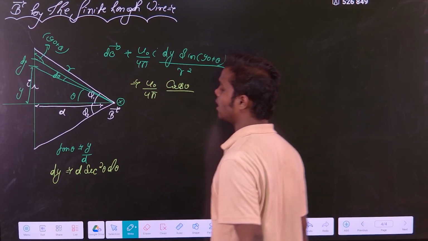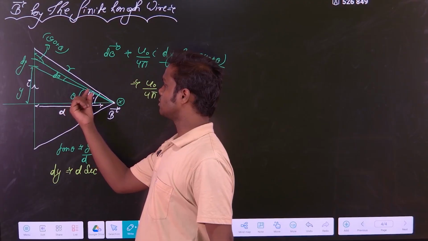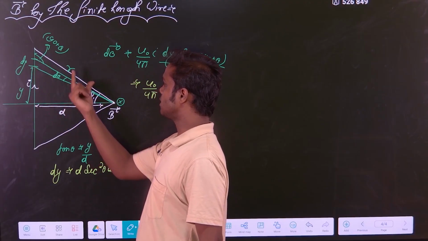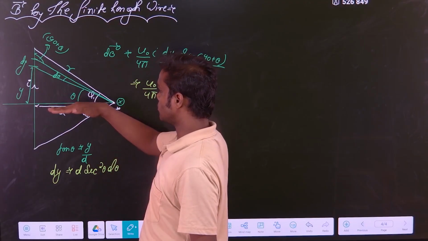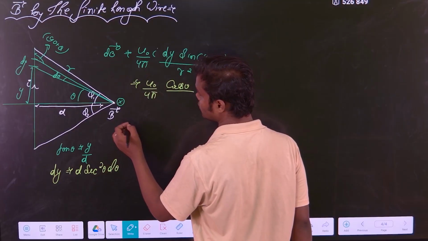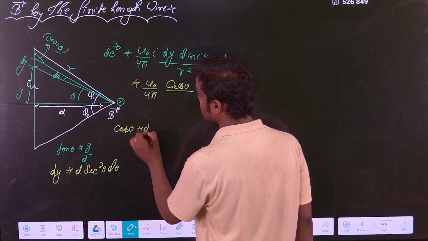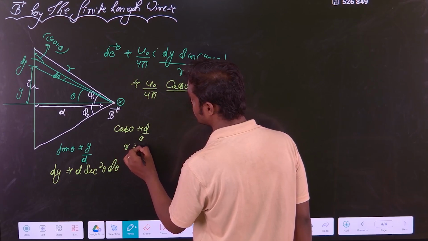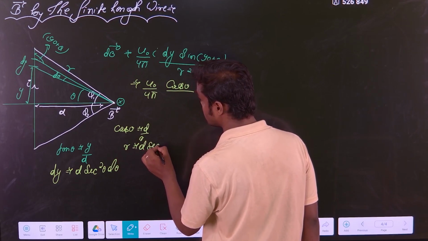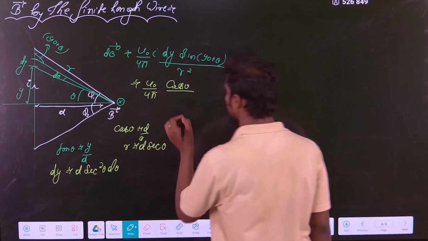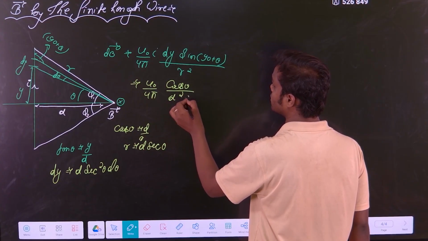What is r? cos theta is equal to d by r, so r is equal to d sec theta. You just put it here, you will get d square sec square theta.